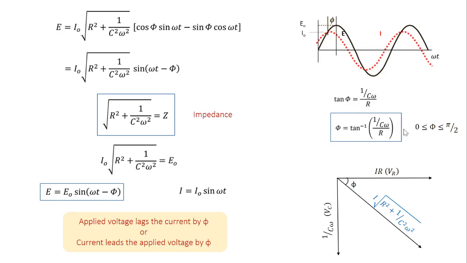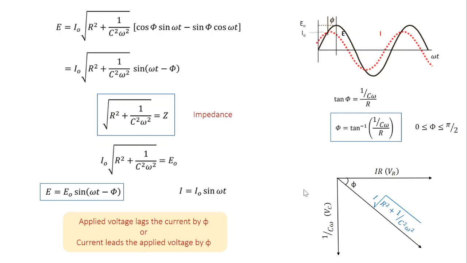So if phase angle phi equal to 0, both current and voltage start from the same 0 point. On the other hand, if it is pi by 2, then just like the capacitor circuit, voltage starts from the 0 point and current starts from the peak point. For any other case, current starts from an in-between point, anywhere between this point and this point.